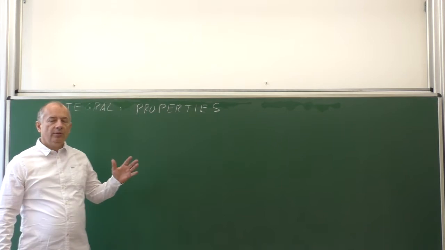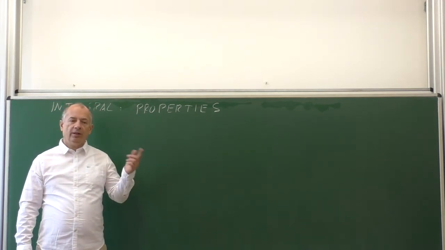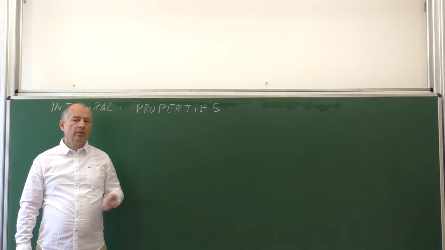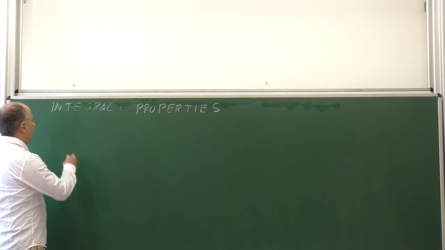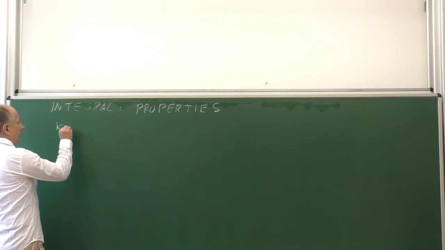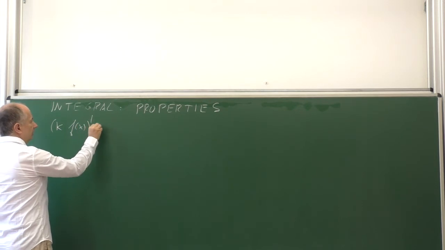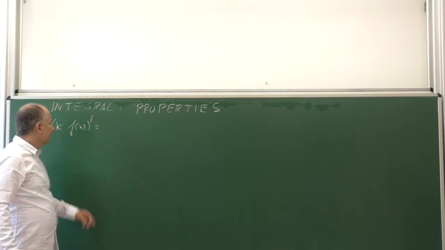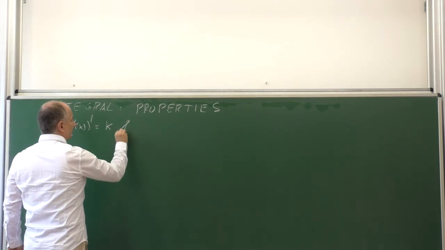We have some simple properties of the derivative, and they give some rules, some theorems about properties of integral. For example, if we have a constant k and a function f, and we differentiate this product, then this is k times the derivative of f alone.